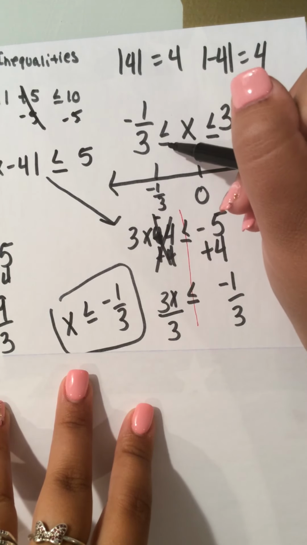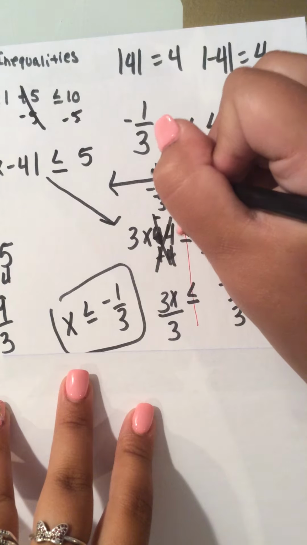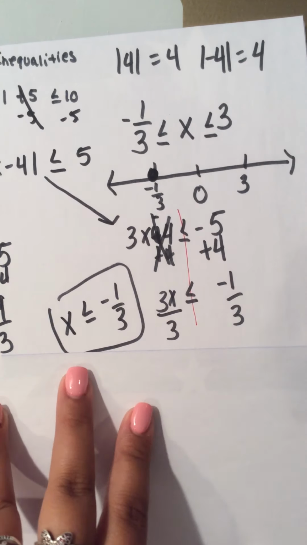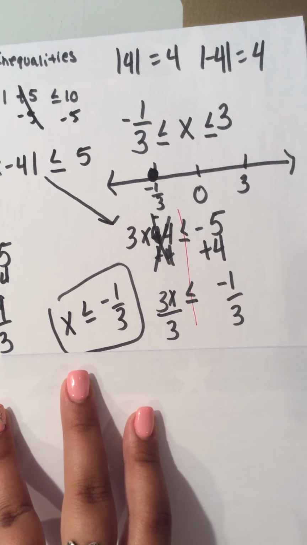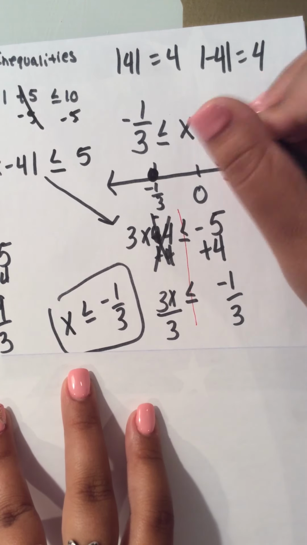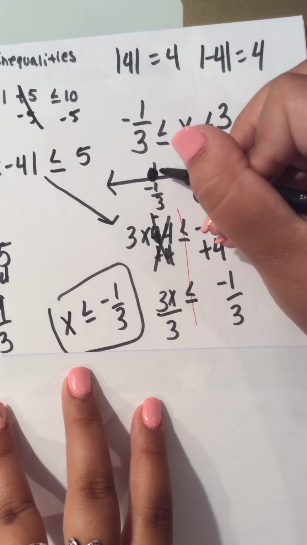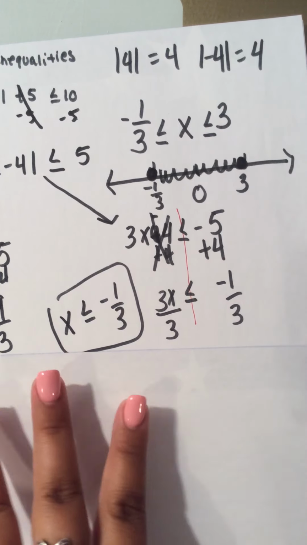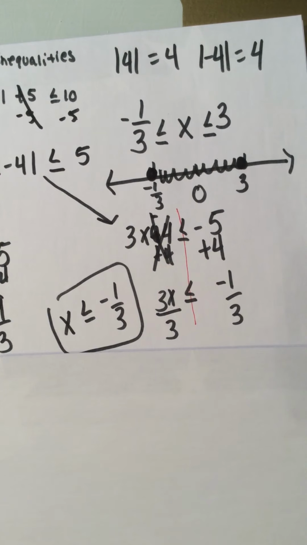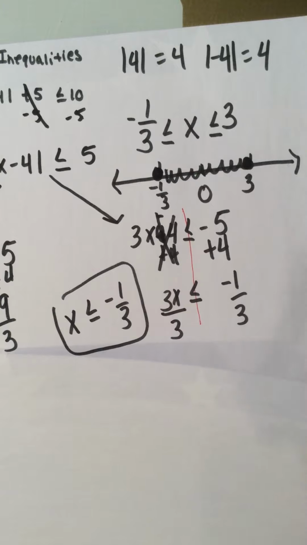Now, because it's less than or equal to, that equal to means we have a closed circle right here. Closed circle. And then the 3, because we have less than or equal to, also means we have a closed circle. And we already checked 0 does work, so you shade in the middle. We'll go over shading in the second problem as well. And I did link my absolute value video for Algebra 1, so you guys can double check that and look at the signs and stuff.